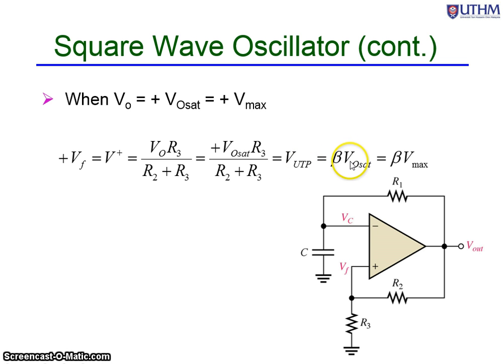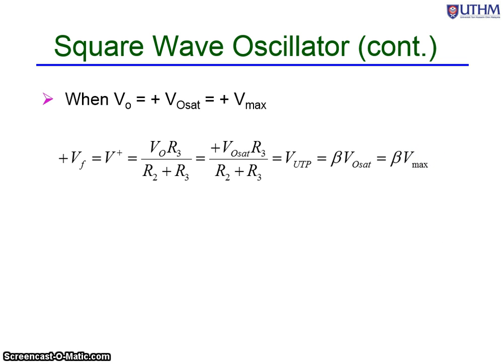I simplify by saying it is just beta VO sat, or beta Vmax, or equals beta VCC, where beta is actually R3 over R3 plus R2, just to simplify this equation.